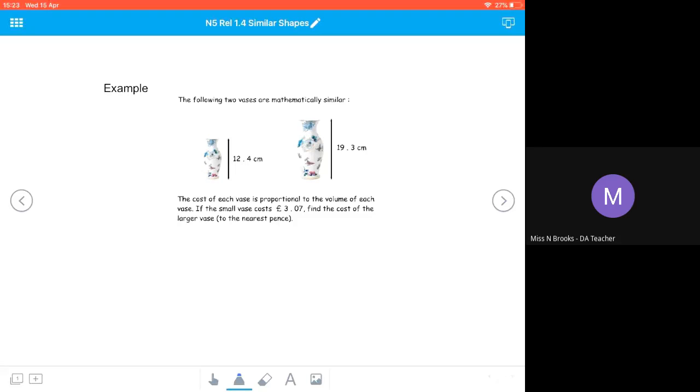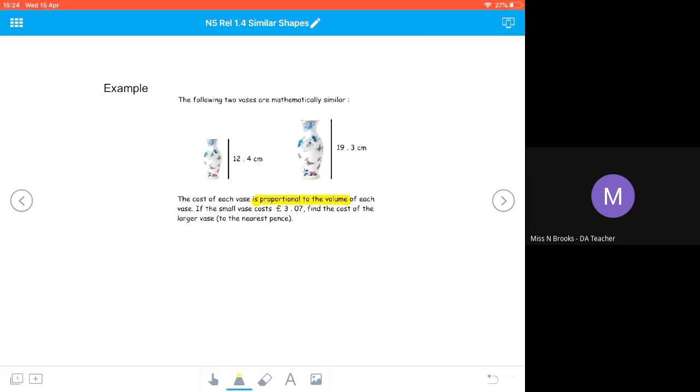So the final example for this video is looking at two vases that are mathematically similar, and you can see the corresponding heights of these vases are 12.4 centimeters on the small vase and 19.3 centimeters on the larger vase. Now it says in the question that the cost of each vase is proportional to the volume. So you can see there that the small vase costs £3.07, but we're using our volume scale factor, or K cubed, in order to work out the cost of the larger vase.